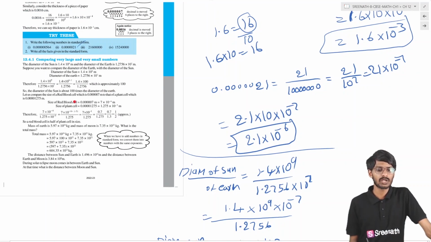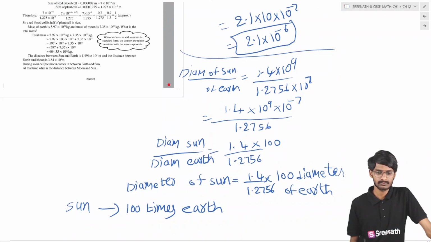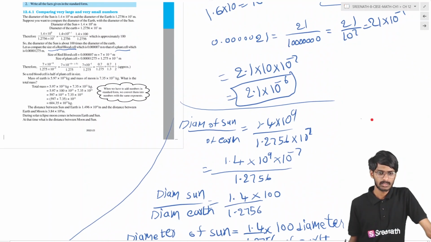Again, if you want to compare the size of red blood cell with plant cell. So red blood cell is what? Size of red blood cell, size of RBC, that is equal to 0.0000.